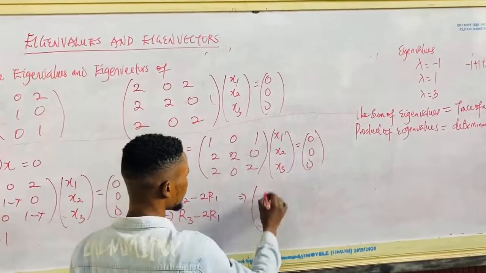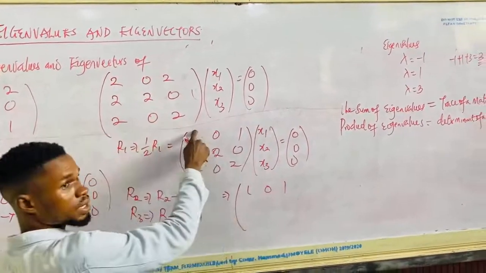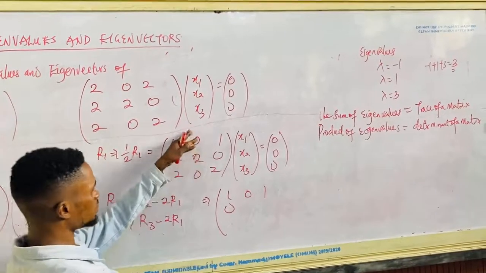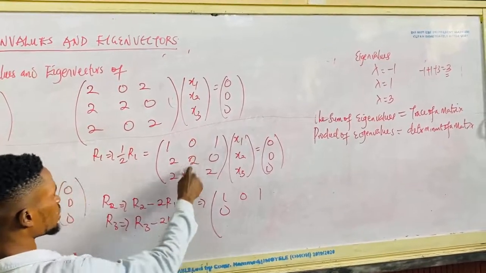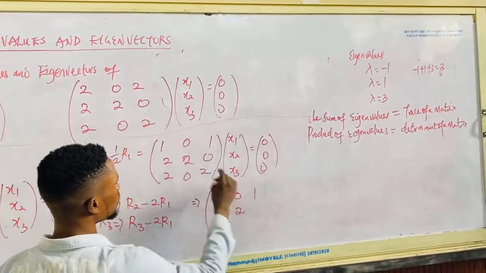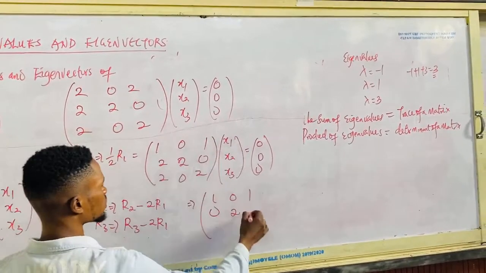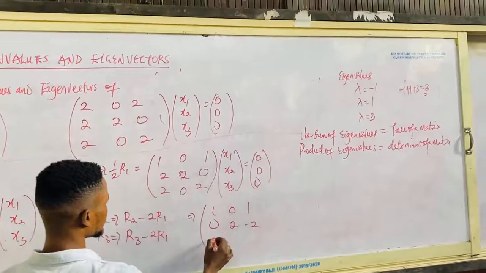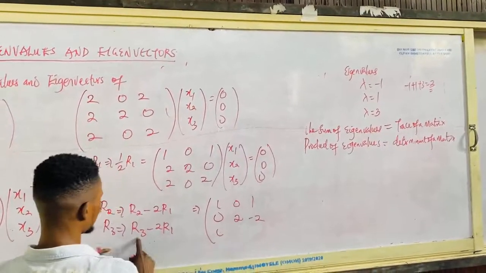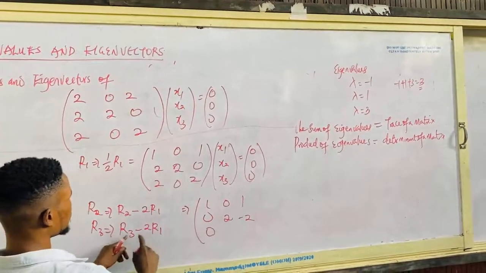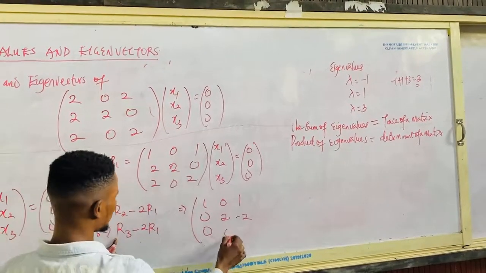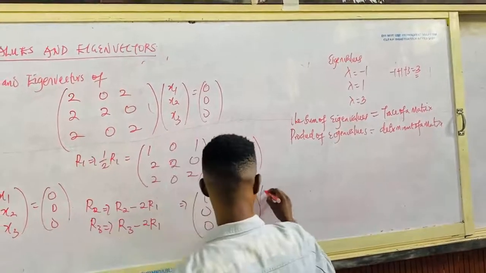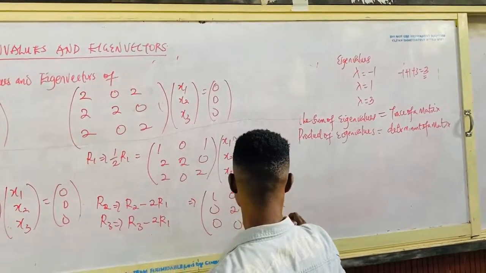That gives 1, 0, 1. 2 minus 2 times 1 is 0. 2 minus 2 times 0 is 2. 0 minus 2 times 1 is minus 2. So row 3 is 0, 2, 2 as well, multiplied by x1, x2, x3.